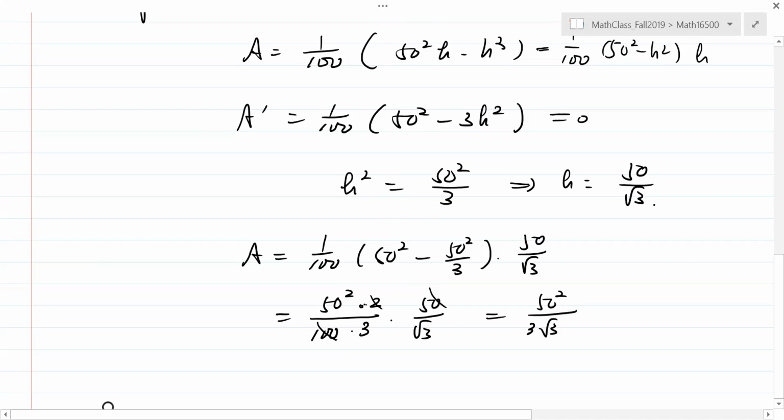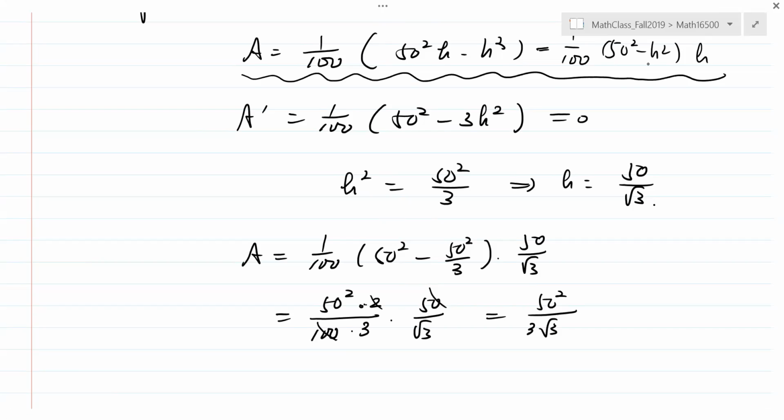But when you plug them into the area formula, you still have an h square here. h square is still 50 squared over 3. And the h, now you have to use 50 over square root of 3. So that's the reason you have square root of 3. But 1 minus 1/3 is 2/3. That's why I got 2/3 here.